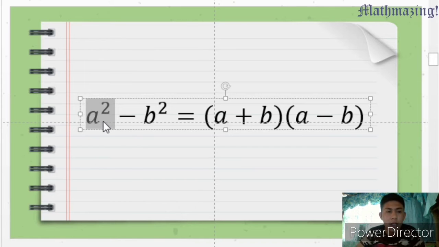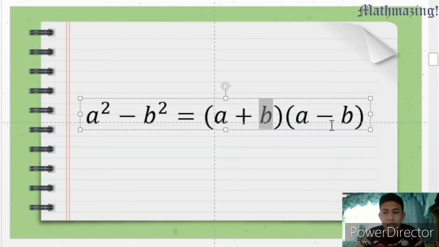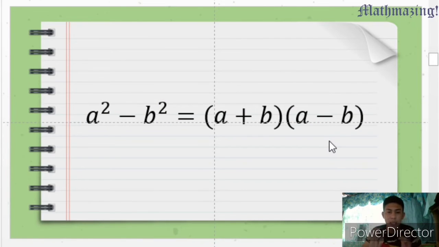So in this case, a squared, the square root is a. So I put a in the first term of each parenthesis, dito at saka dito. Next naman is, what is the square root of b squared? So the answer is b. So ilalagay natin siya dito sa second term ng bawat parenthesis natin. So ito yung magiging setup natin or magiging basis natin para makuha yung factors ng difference of two squares.